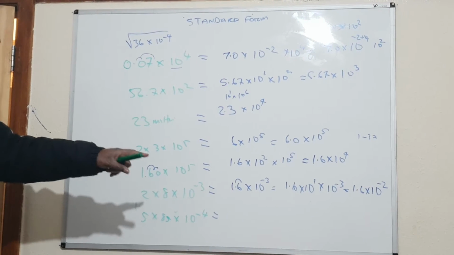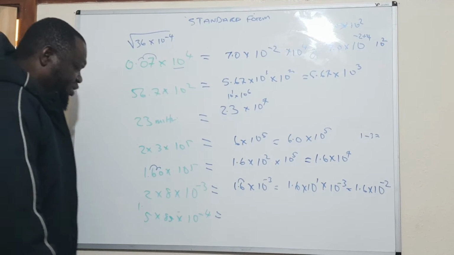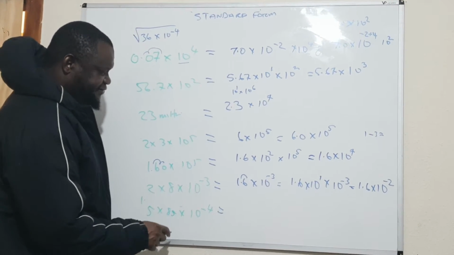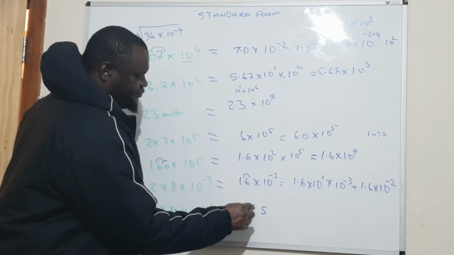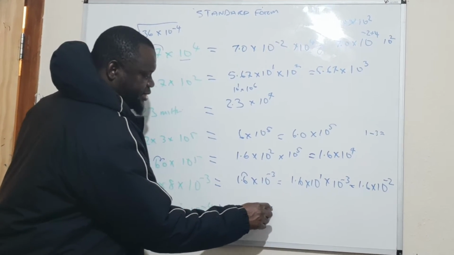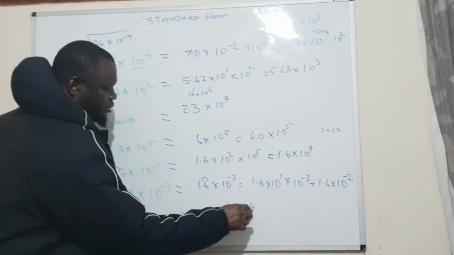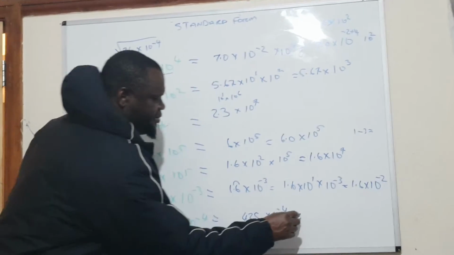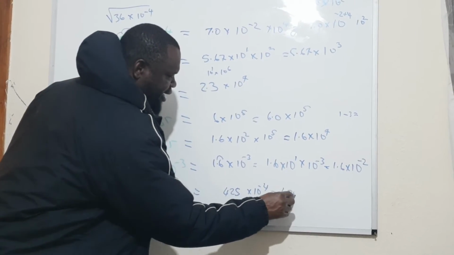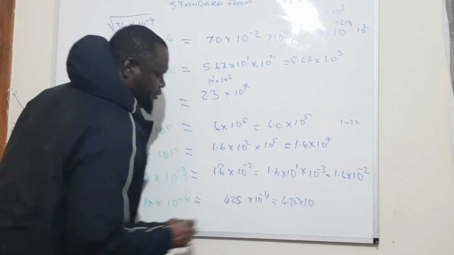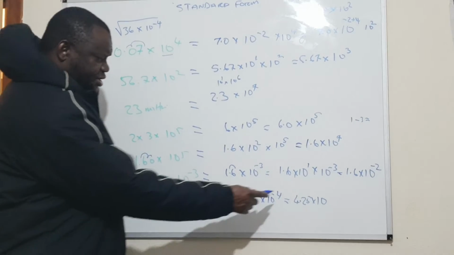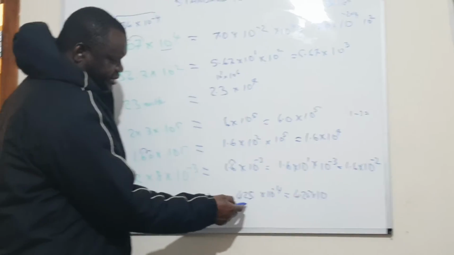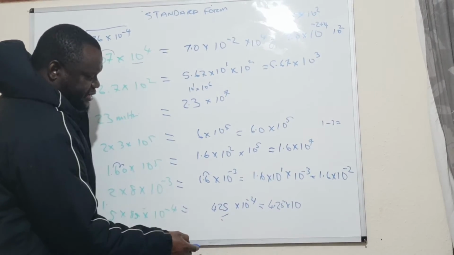So that's why this will take us into the next multiplication. 5 times 85 is how much? 5 times 5 is 25, carry 2, 425. Times 10 to the power minus 4. So 425 will be 4.25 times 10 to the power 2, because 425 divided by 100 is 4.25, and 100 is 10 to the power 2.